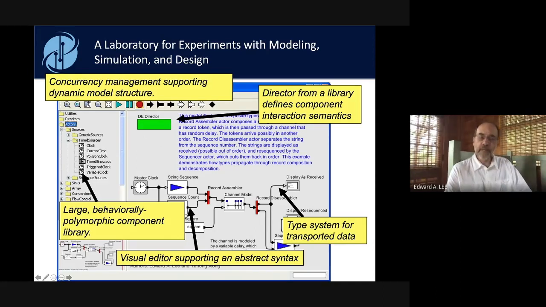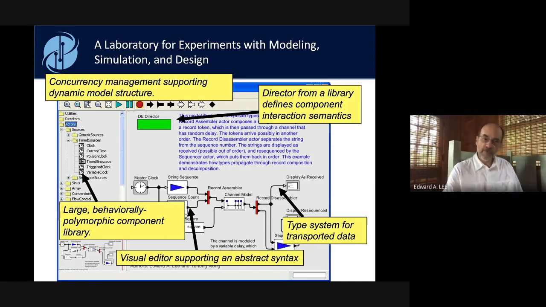There is a fairly large library of reusable components. But I personally find the system more useful as a framework for developing custom components. You can think of it as a programming framework more than as a framework for assembling pre-designed components. But there is a pretty rich library of predefined components that you can put together.